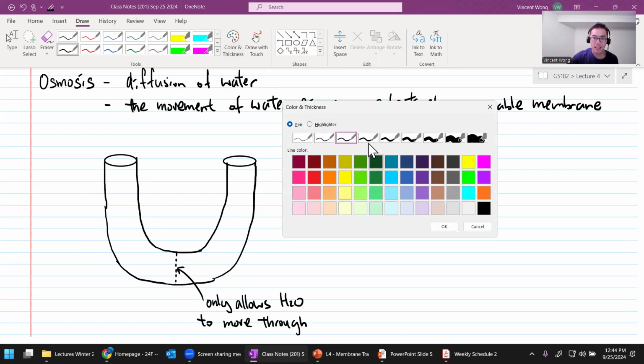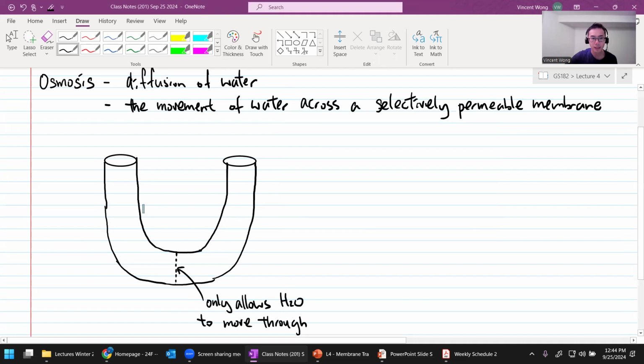So we're gonna get some water, people, and we're gonna fill this thing up. Okay, let's fill it up. There we go. So, you add some water here, you add some water here, it doesn't matter. We just go on both sides, and then it will fill up the container here.